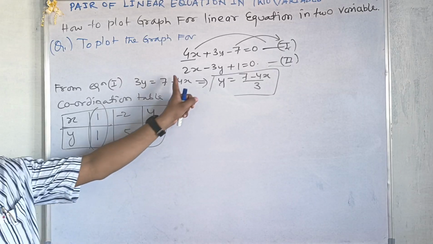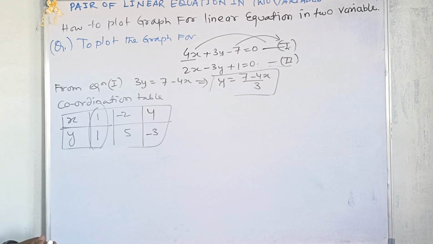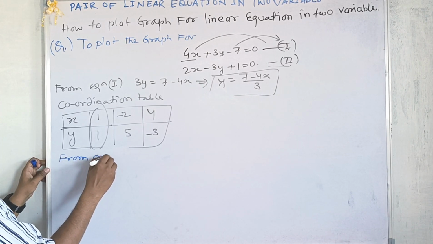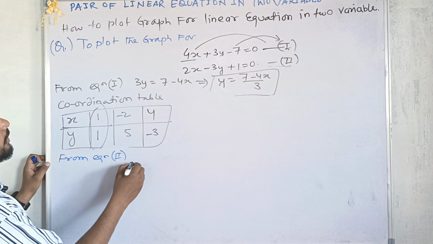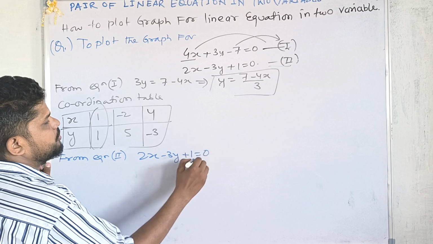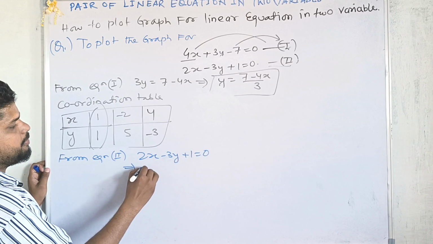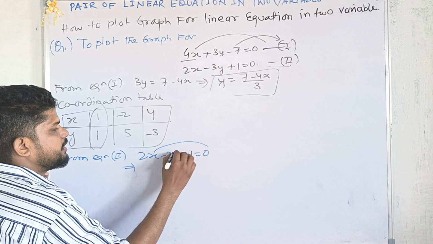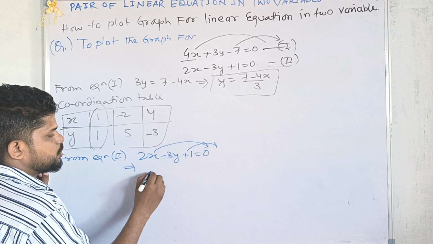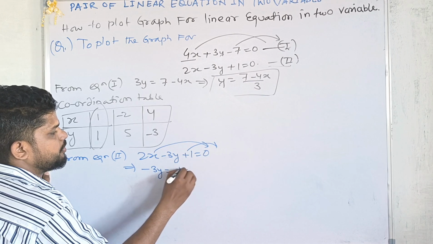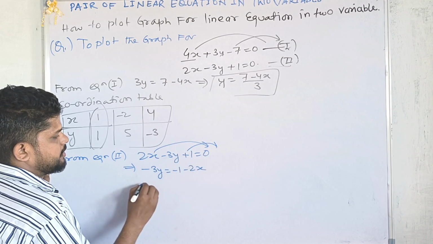Okay, this second equation. So here from equation second, 2x minus 3y plus 1 is equal to 0. Here the value of y will be, for this, we have to transpose this to here and this to there. So by transposing 3y, I will get minus 1 minus 2x.